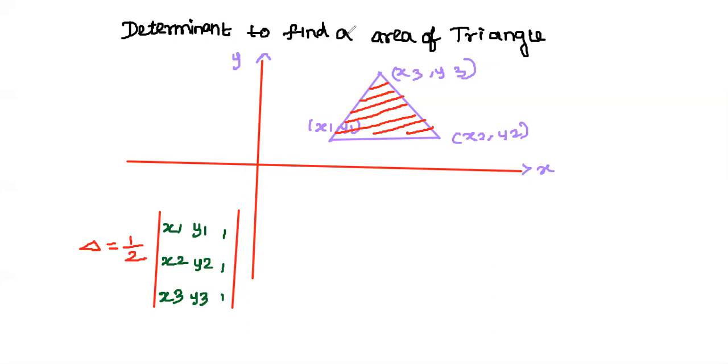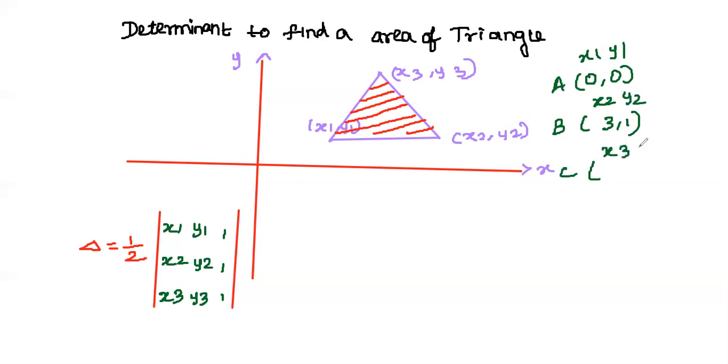For example, imagine you're having determinants like, I'm assuming x1, y1 as 0, 0, and point B as 3, 1, which is x2, y2, and point C, x3, y3, is 2, 4.